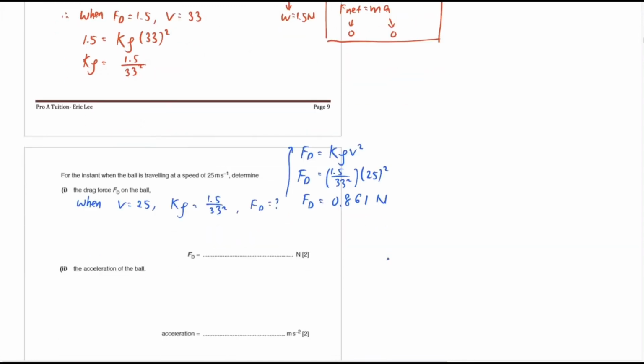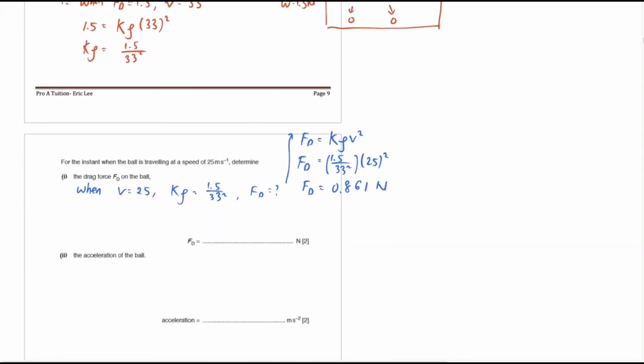Okay, 2 marks. The acceleration of the ball. Now to find the acceleration of the ball at this speed, imagine the ball has weight of 1.5 Newton. At this particular speed, the drag force is 0.861 Newton. So we use net force equals ma, Newton's second law.